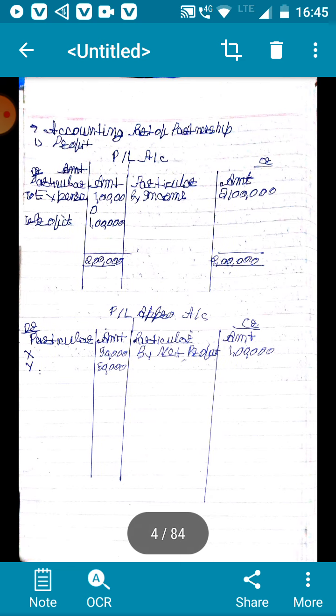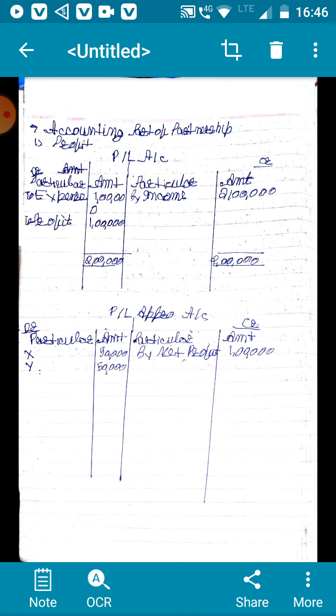Accounting treatment of partnership. There are two accounts: profit and loss account, debit and credit.